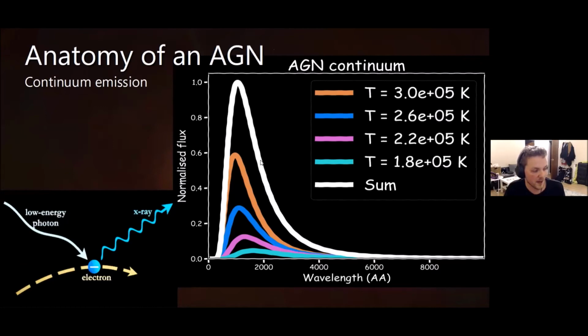You get a power law that basically describes the continuum of the AGN. You also have a continuum in X-ray. That's from a slightly different process, from inverse Compton scattering. I won't go into detail.